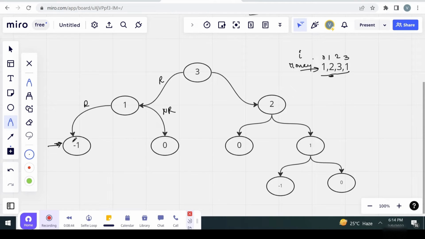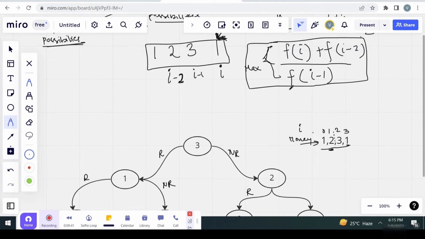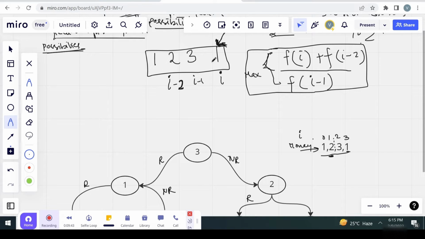For index 3, if I don't rob it, I can rob the house at index 2. When I rob the house at index 2, I can rob the house at index 0, according to the recurrence relation that we figured out.